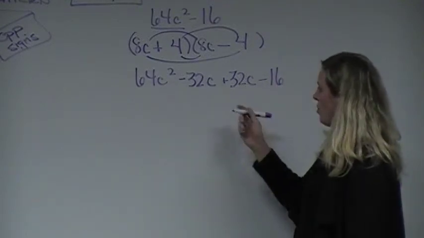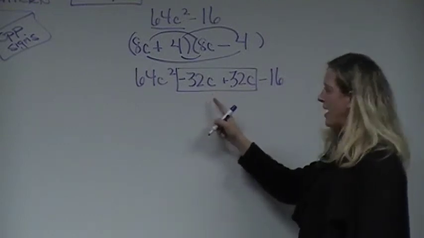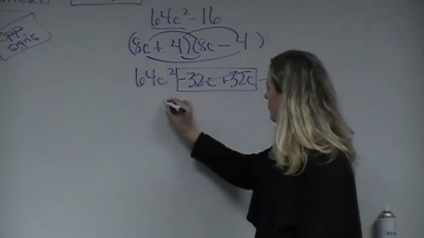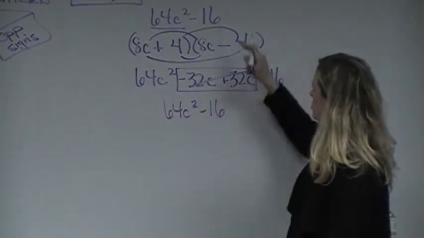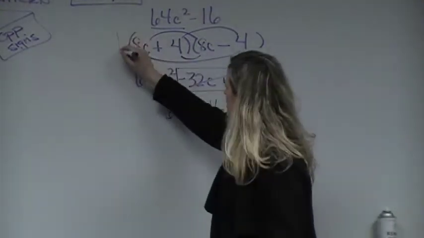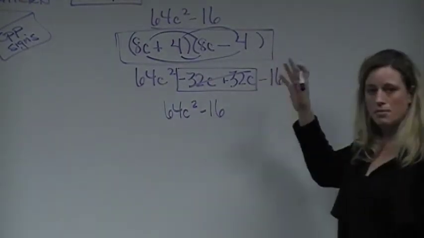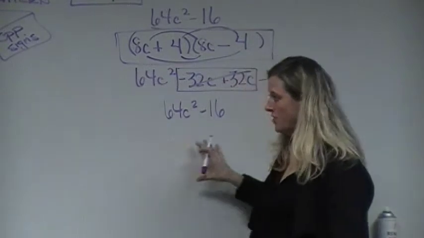Remember, whenever we use FOIL, the outside and the inside terms are always our like terms. And if you notice, if we add these two, we're going to end up canceling out the middle term. Now we're left with 64c squared minus 16, which is what we started with. So we did factor this correctly. So this is our answer, 8c plus 4 times 8c minus 4. So that's how we factor the difference of two perfect squares.